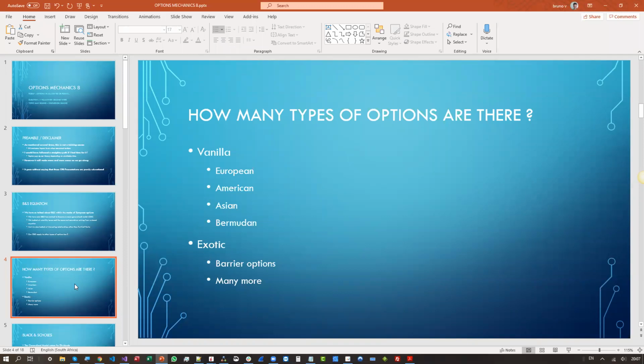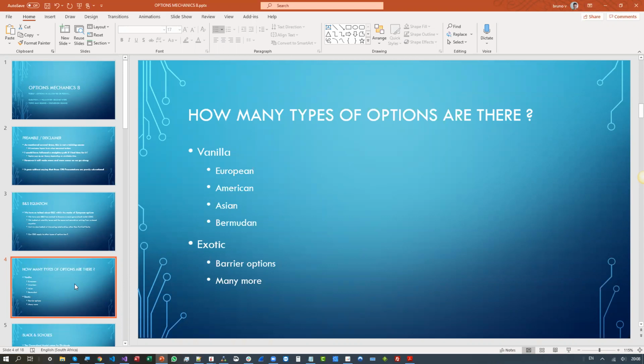And Bermudan, just to make things a bit more complicated, Bermudan vanilla options can be exercised only on certain days. So it's a bit of a constrained version of American. Anyway, of course there are more exotic options, and many more. Those I won't get into.